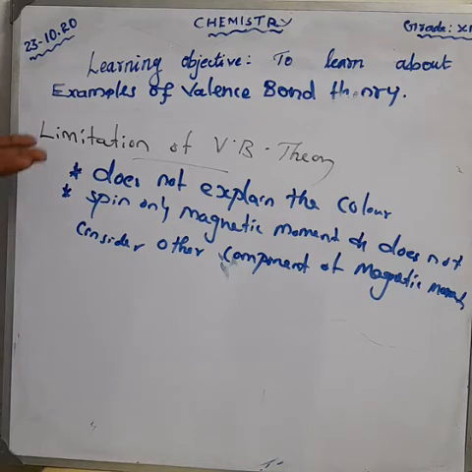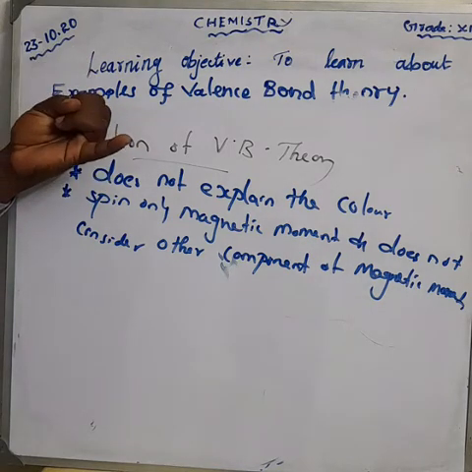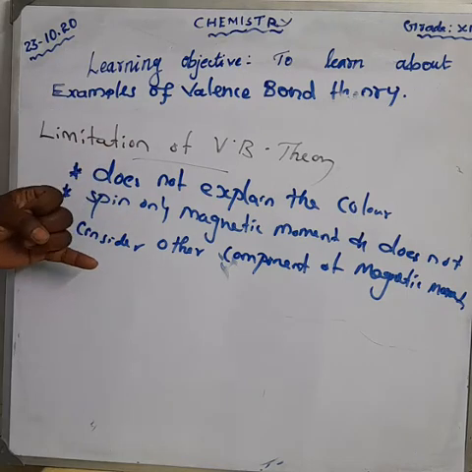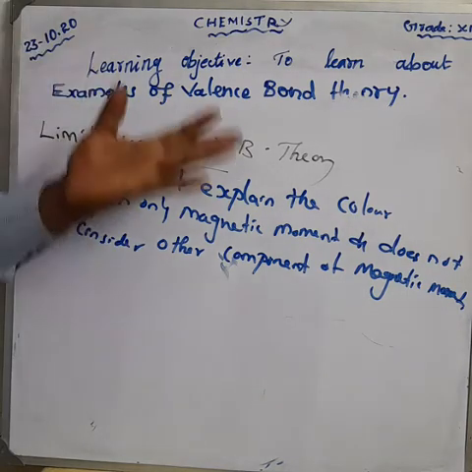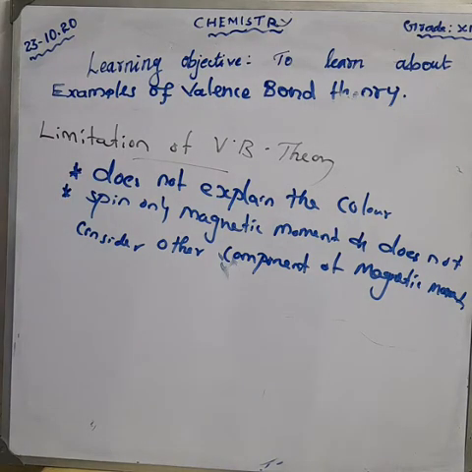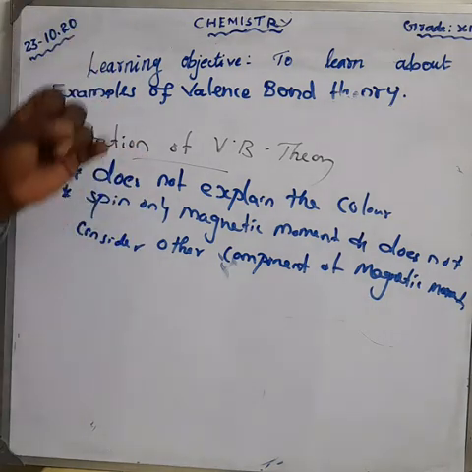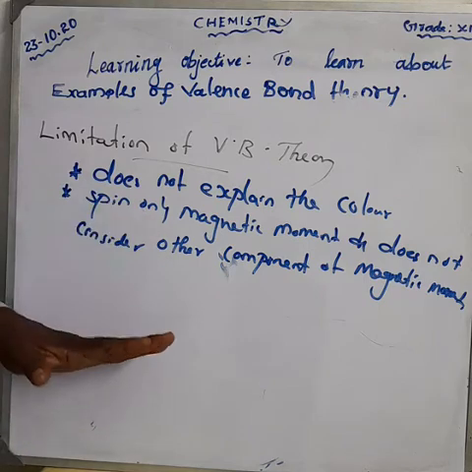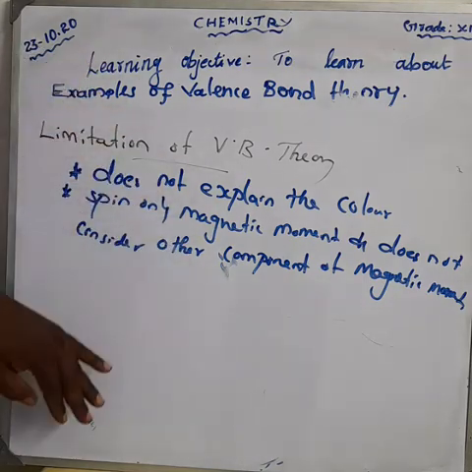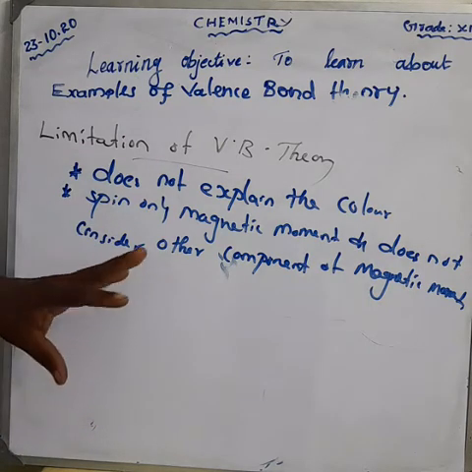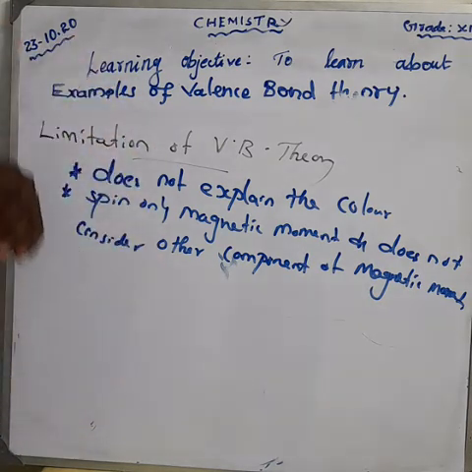For example, we learned that Fe(CN)6 4 minus is diamagnetic and low spin, whereas FeF6 is paramagnetic and high spin. It does not provide a quantitative explanation as to why certain complexes are inner orbital and certain complexes are outer orbital.